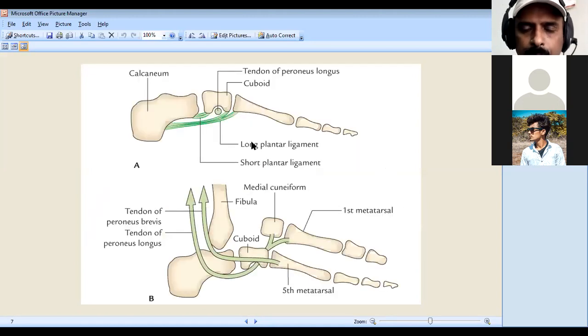That is very important. Here you can see the short plantar ligament will act like an intersegmental tie in between the bones. We also have the long plantar ligaments. They are connecting and maintaining the arch. Then for the sling, we have the tendons of peroneus brevis and peroneus longus. They are holding the upper part of the arches, and they hang it like that.